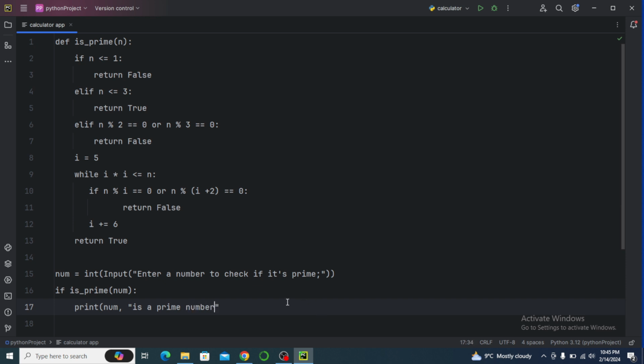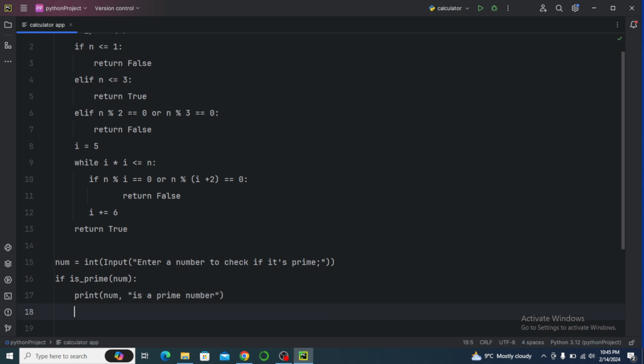That's for if the number is prime after considering all the conditions that have been placed.